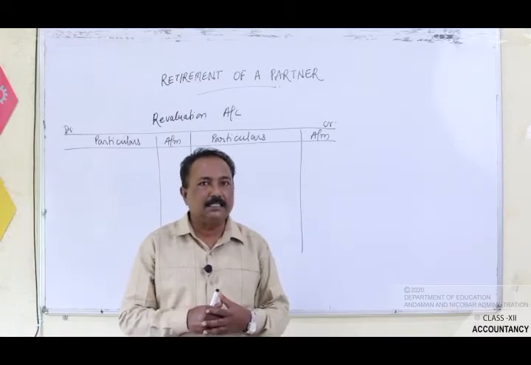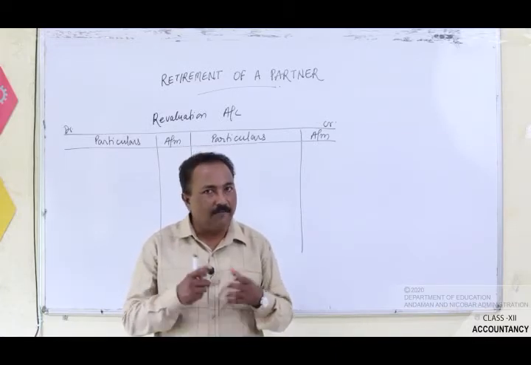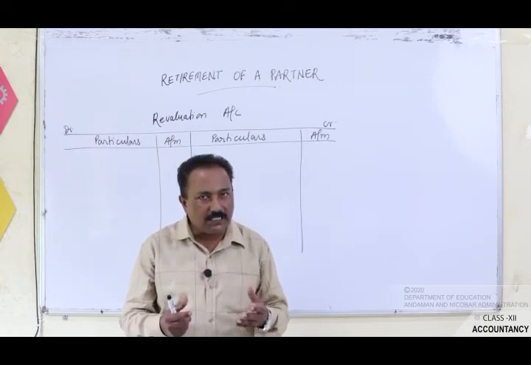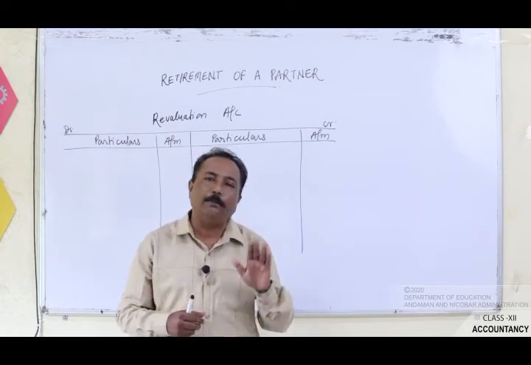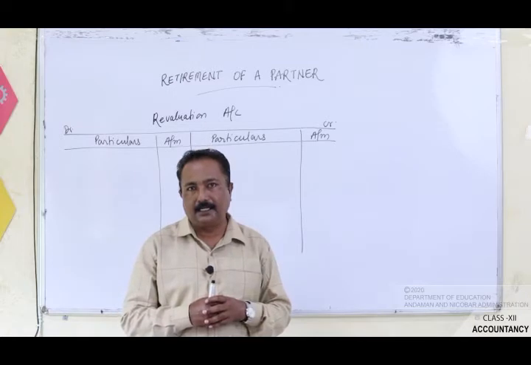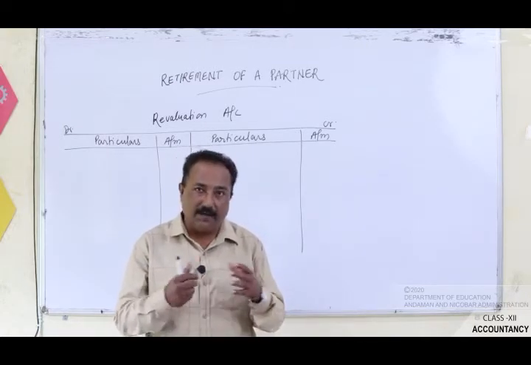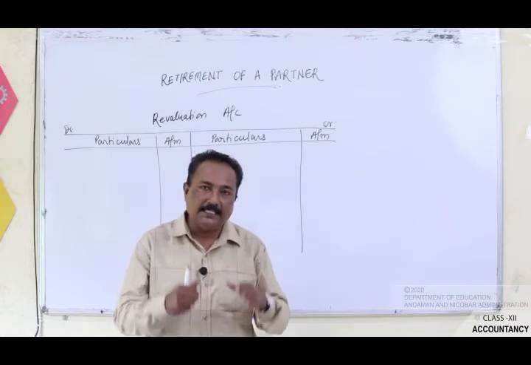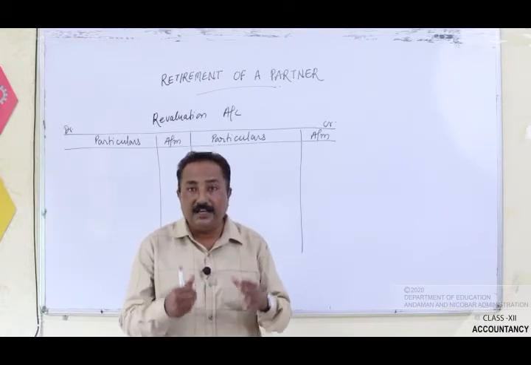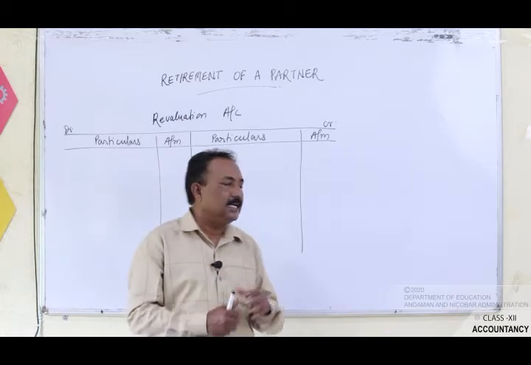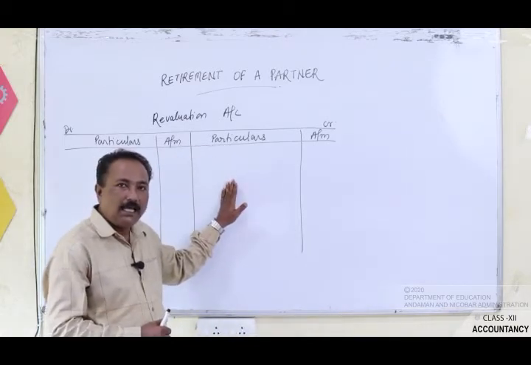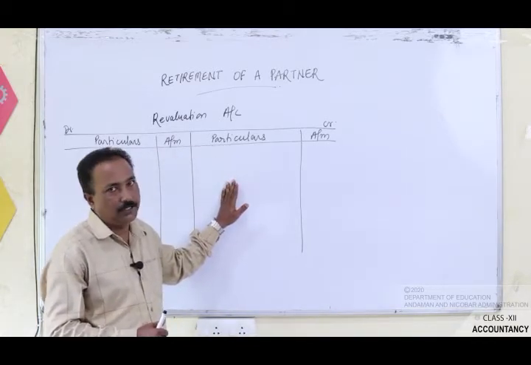Here in this case we see that the value of the provision has reduced by rupees 500. Therefore, we can say that the value of liability has decreased, and when the value of liability decreases, that has to be recorded on the credit side of the revaluation account.